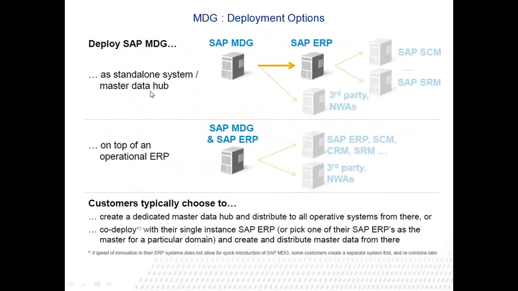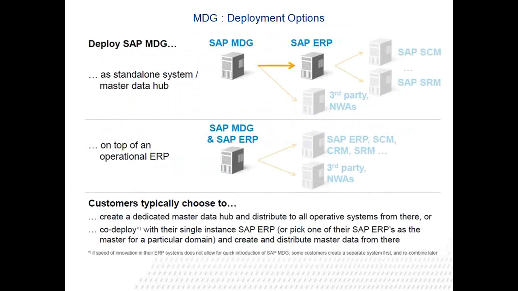So, deployment options. There are two deployment options available in MDG. On top of the existing ERP, we can deploy MDG components, or else you can have a separate MDG server, and on that separate server you can install your MDG. These two options are available. The first option we call a hub model.